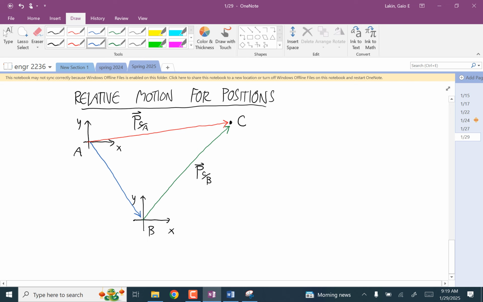This blue one is the position of B relative to A.